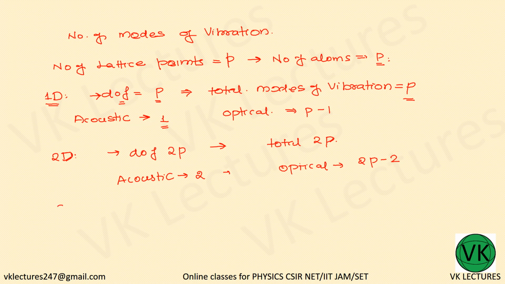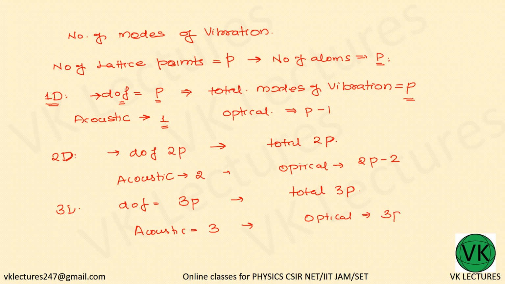Similarly for 3 dimension, the degree of freedom will be equal to 3P if there is P number of atoms, and total vibrations will be equal to 3P, and acoustic will be equal to 3, and all the remaining will go to optical branches, which will be equal to 3P minus 3.